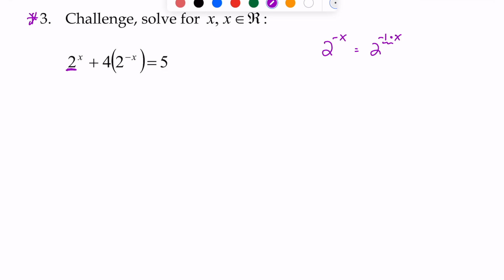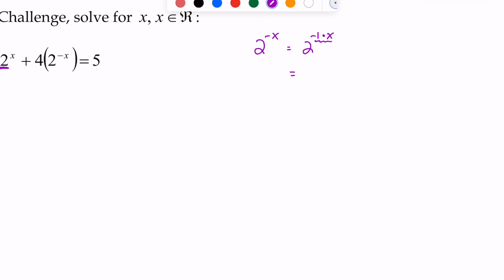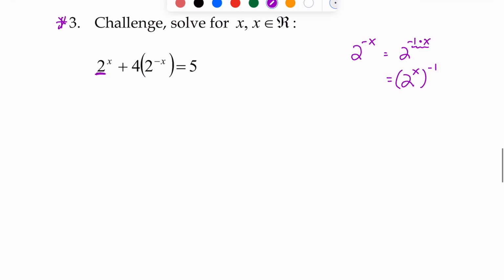So what happens when you have multiplying exponents? Well, that's the same thing as me saying 2 to the x to the negative 1. So if I rewrite that, that's 2 to the x plus 4 times 2 to the x to the negative 1 equals 5.